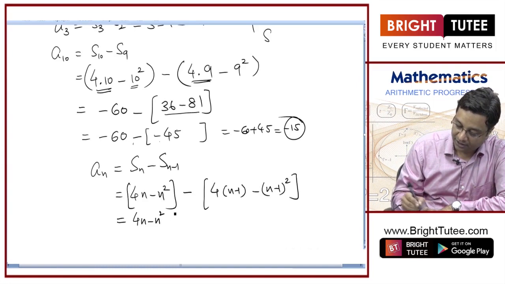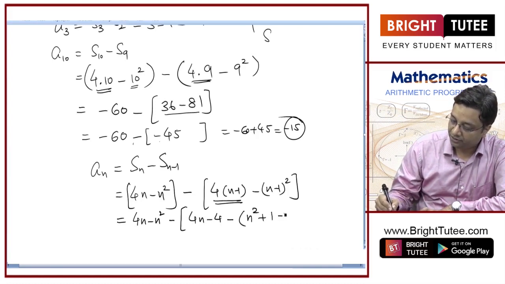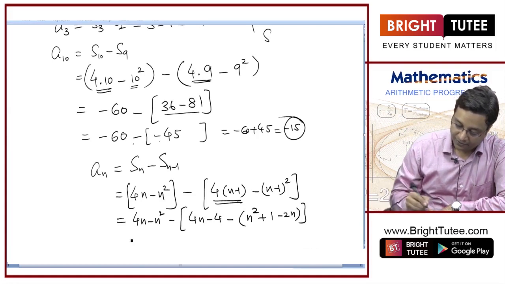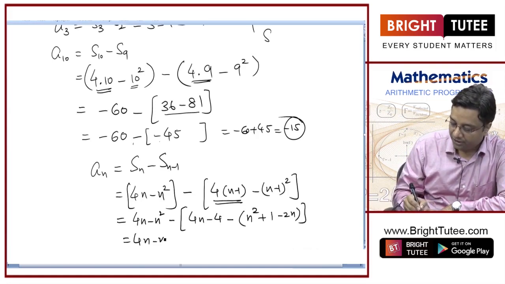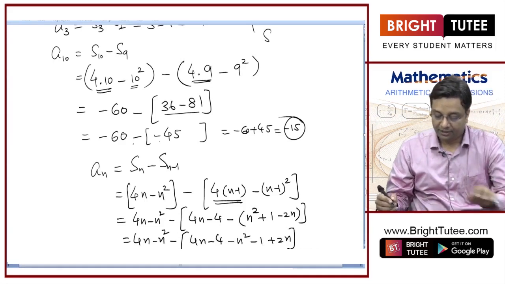4n minus n square minus, let's solve this bracket, 4n minus 4 minus, and if we open this bracket, n square plus 1 minus 2n, so it is equal to 4n minus n square minus 4n minus 4 minus n square minus 1 plus 2n, right?